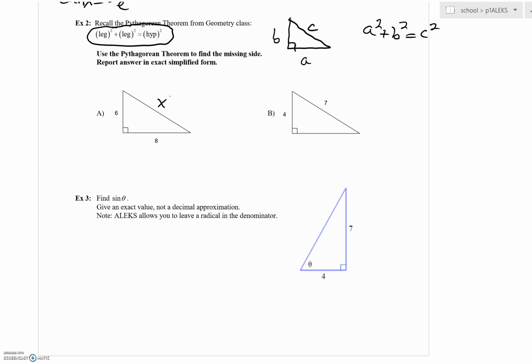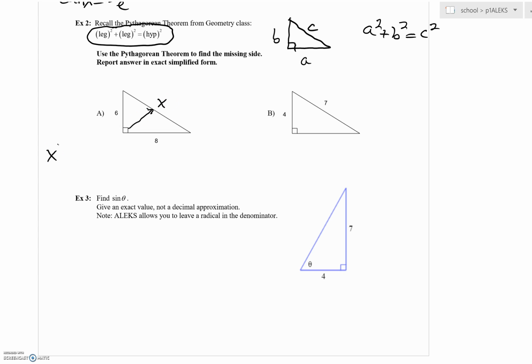But which of those three sides is your hypotenuse? Which one do we have here? This would be x. Always find your hypotenuse first, and then go ahead and start writing it out.